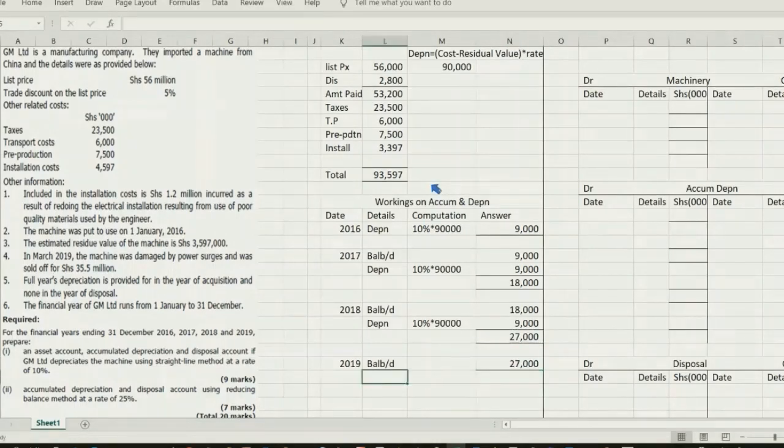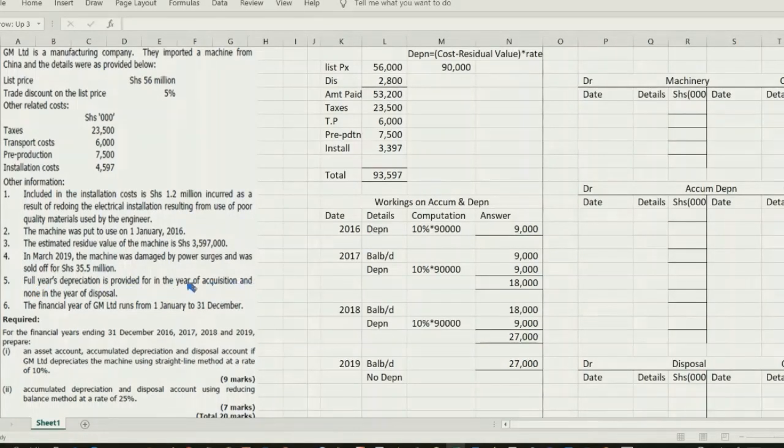But we are no longer going to compute depreciation anymore because in March 2019 the machine was damaged by power surges and sold off, and full year depreciation is provided in the year of acquisition 2016 and none in the year of disposal 2019. Financial year from 1st January to 31st December.